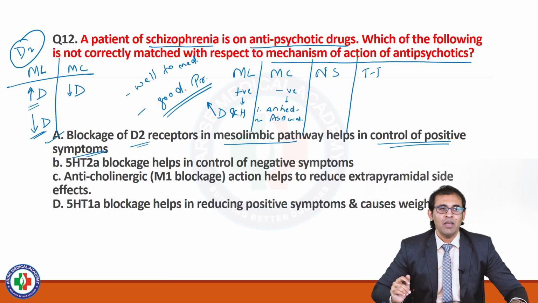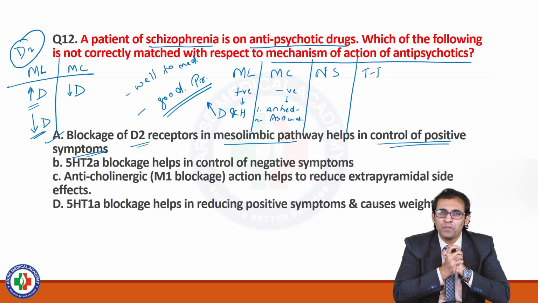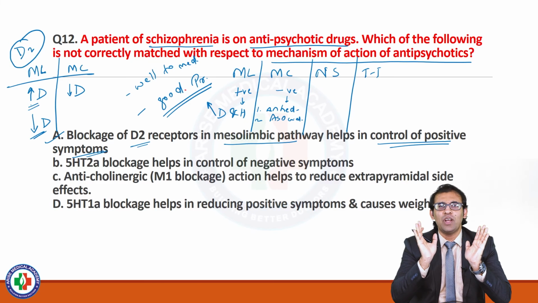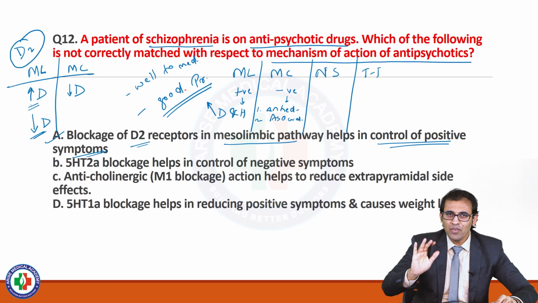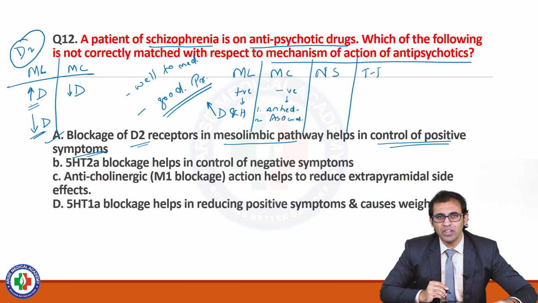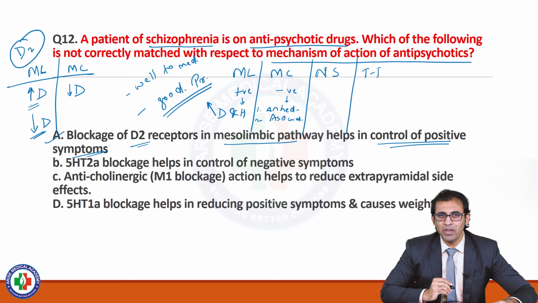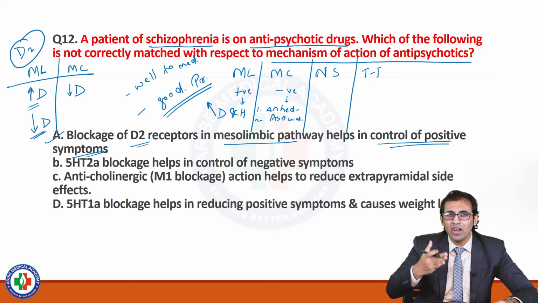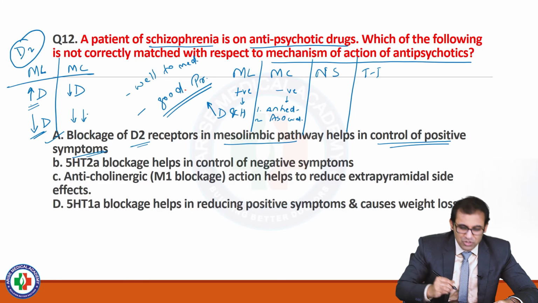Fine. But the patient was also having negative symptoms. When you were giving only a D2 blocker, like haloperidol, there was already a decreased level of dopamine in the mesocortical tract. But if you give a drug from outside, there will be a further decrease of dopamine in the mesocortical tract.